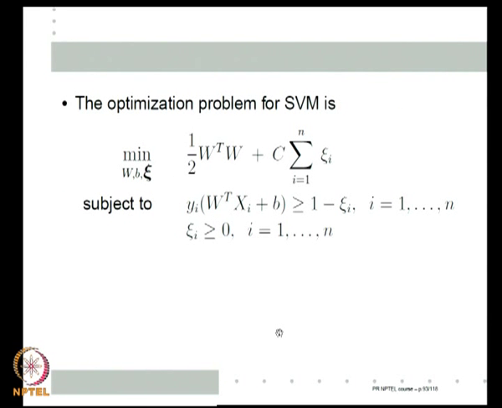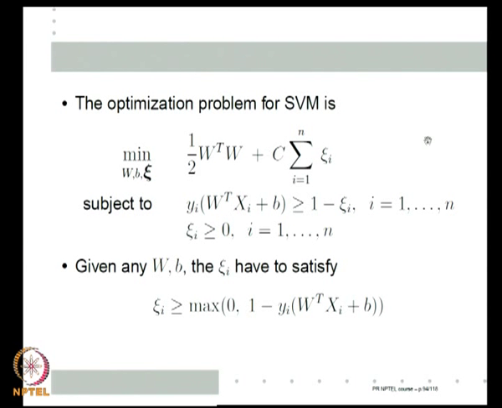Okay. So, let us look at the SVM again. This is the SVM primal optimization problem of W transpose W plus C summation xi_i with these constraints. So, what do the constraints mean? The constraints mean, if you give me a particular W and b, the xi_i's that I have to choose to maintain feasibility are such that xi_i has to be greater than 0 and xi_i has to be greater than 1 minus y_i into (W transpose x_i plus b).